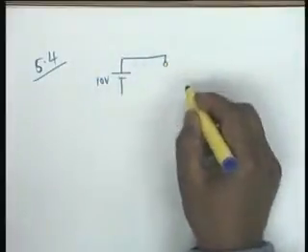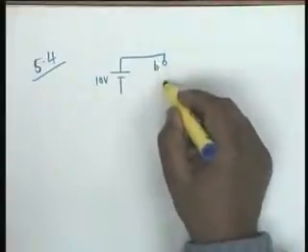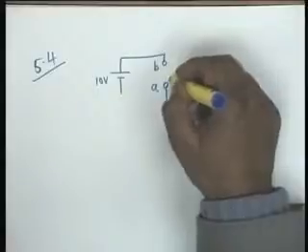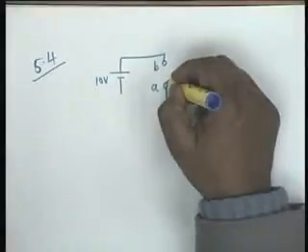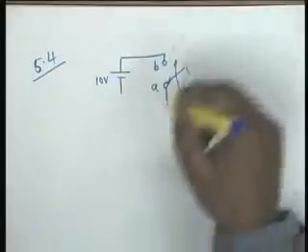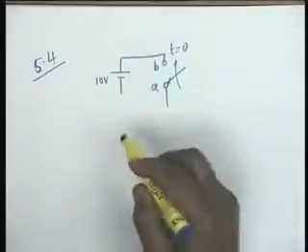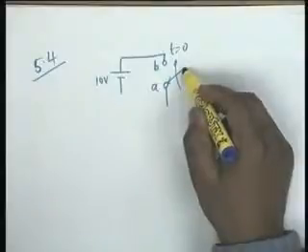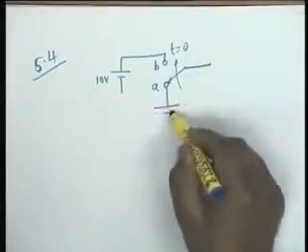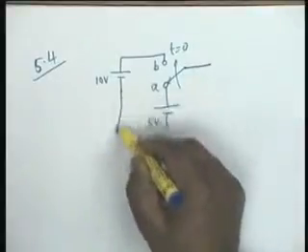I don't want to draw many lines for battery. There is a switch which moves from A to B. That means it was like this, then it moves in this direction, t equal to 0. At t equal to 0, the switch S moves from A to B, and there is a voltage source 5 volt here.